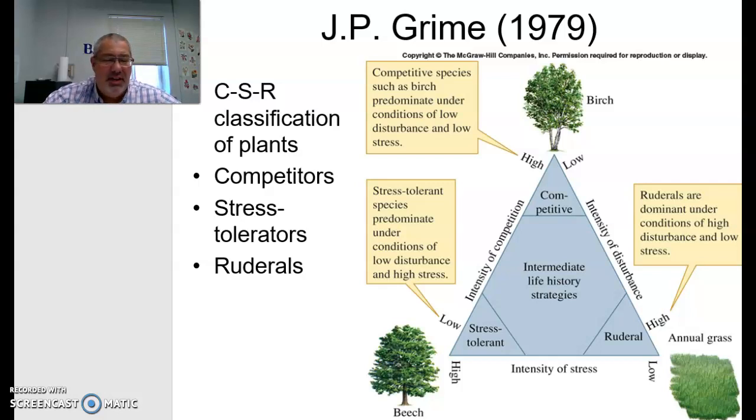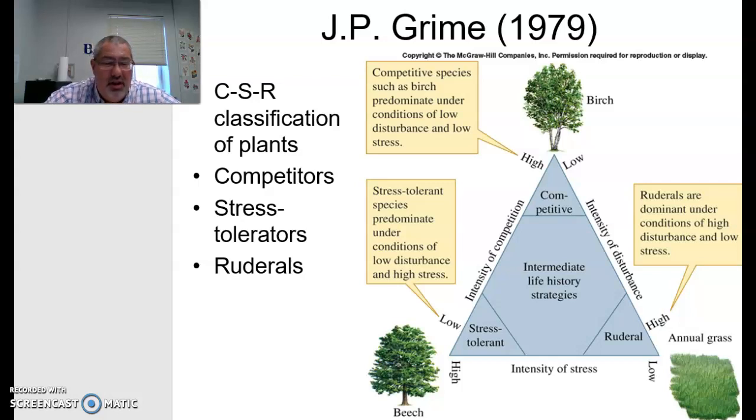He published in a textbook on plant population ecology a life history classification of plants that he put together in this triangle called the CSR classification scheme. C standing for competitors, S standing for stress tolerators, and R standing for ruderals.